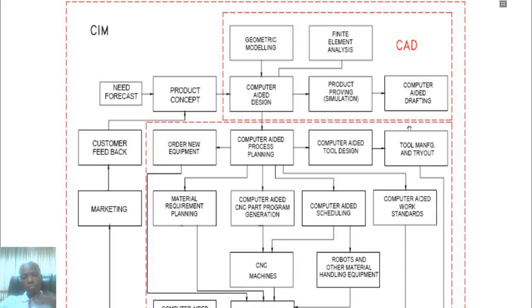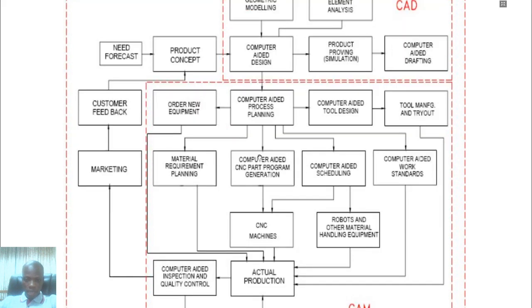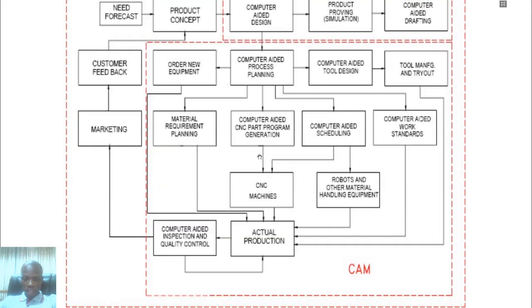All right, then from the computer aided design we move into the CAM environment. So after we have done the designing and everything, we come to the CAM where we are going to manufacture, computer aided manufacturing. Alright, so here we have computer aided process planning. So we do similar planning here, but not as the previous one where we have to do everything manually.